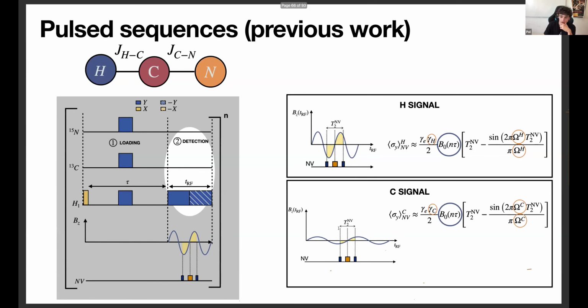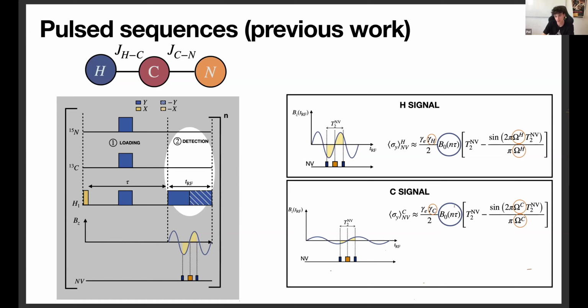That is because, in the expression of the amplitude of the signal, you have to exchange these terms for the ones corresponding to the carbon. So in this case, the gyromagnetic ratio of the carbon is much lower than the one corresponding to the hydrogen, and so is the frequency of the oscillation.